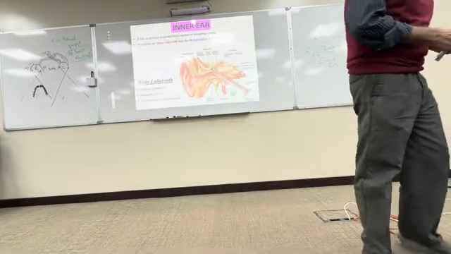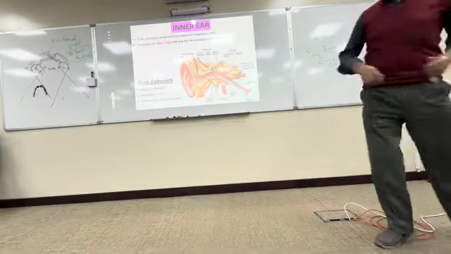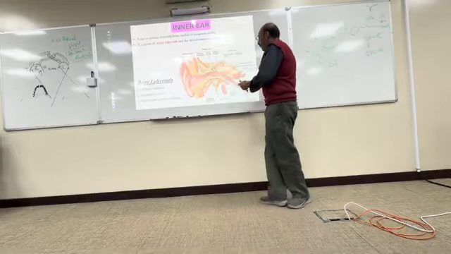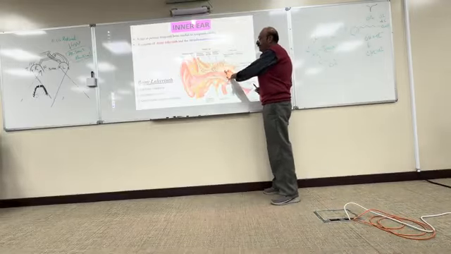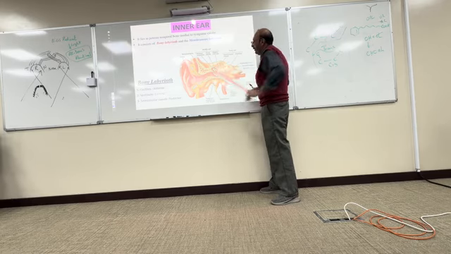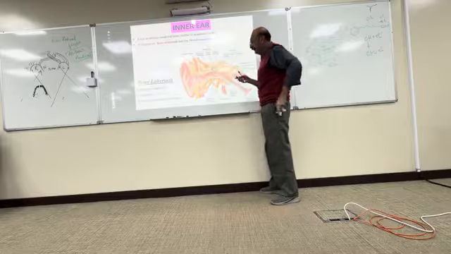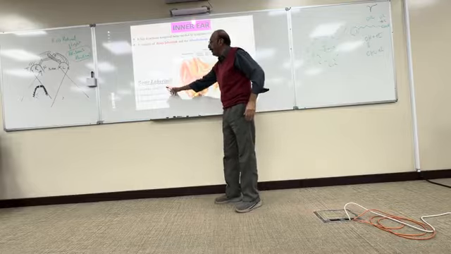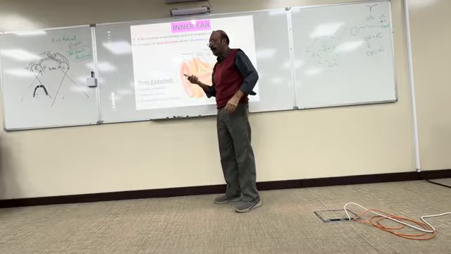Oh, it's finished. Okay. So here is the bony labyrinth. It is composed of three parts: cochlea, vestibule, and semicircular canals. Now we'll see the details.